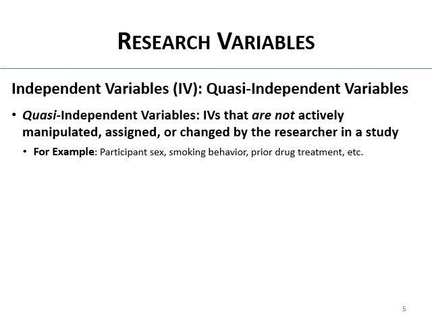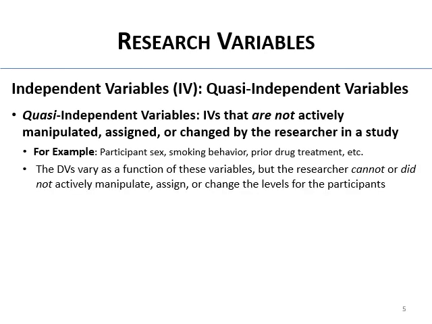Or you couldn't assign them to have been to drug treatment multiple times. So we think that DVs vary as a function of these variables, but the researcher either cannot or did not actively manipulate, assign, or change the levels. Sometimes you choose not to, right? Other times, if it's a true experiment, they can actually determine exactly what those levels are. That would make it a true IV.